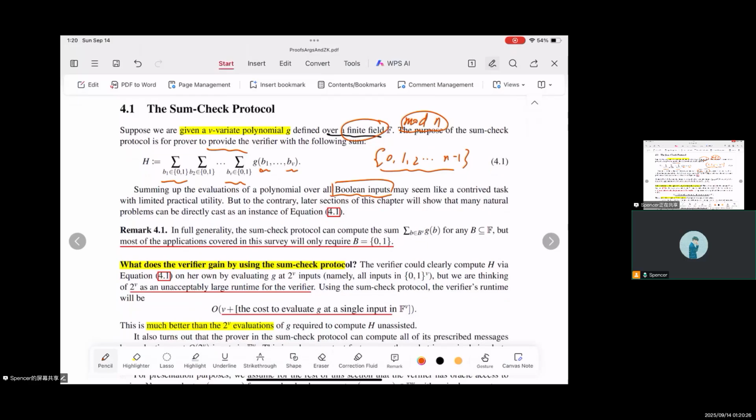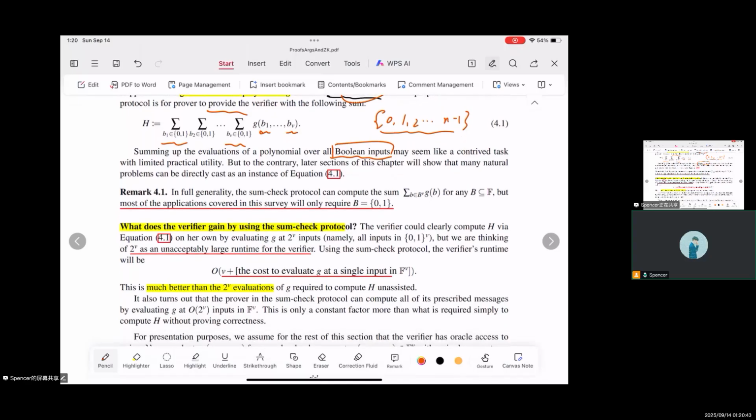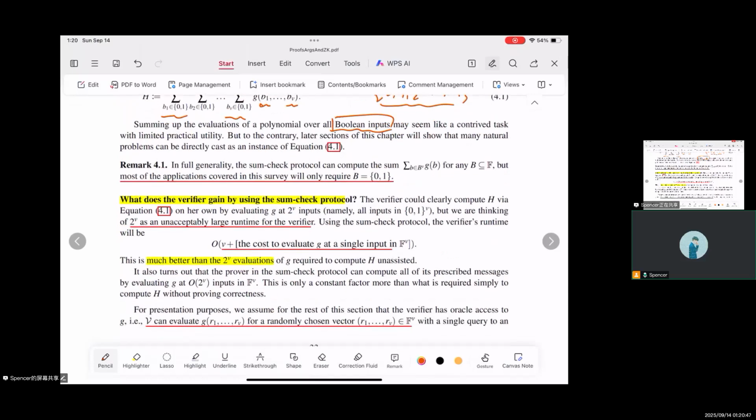It's like a contrived task with some specific intention. It seems to have only very limited utility, but later we will find it is one of the most important protocols.